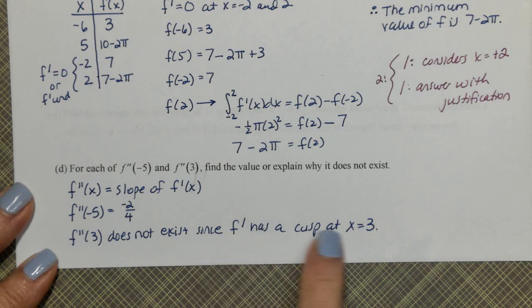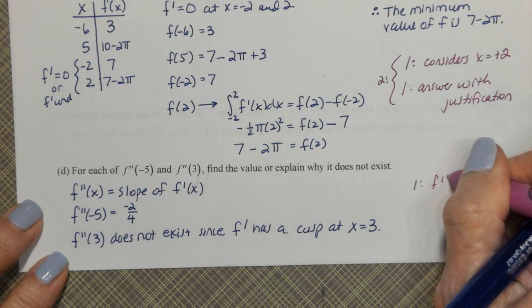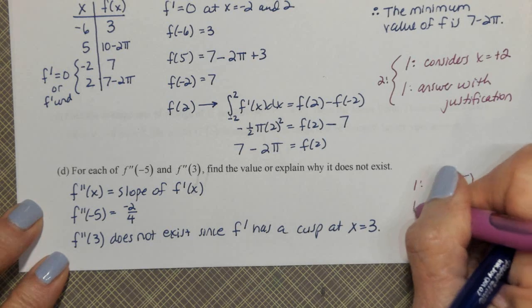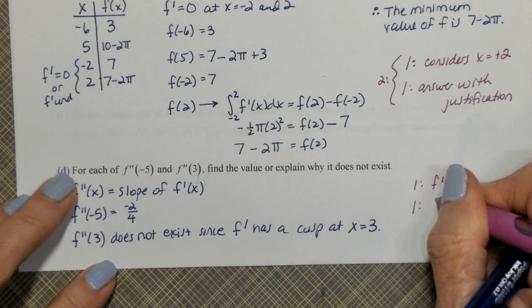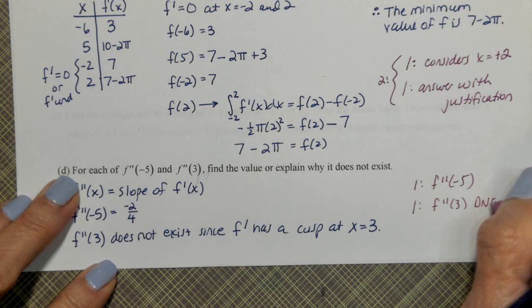Name the graph, name the x value. Okay, this was worth 2 points. 1 point for f double prime of negative 5, and 1 point for f double prime of 3 does not exist with reason.